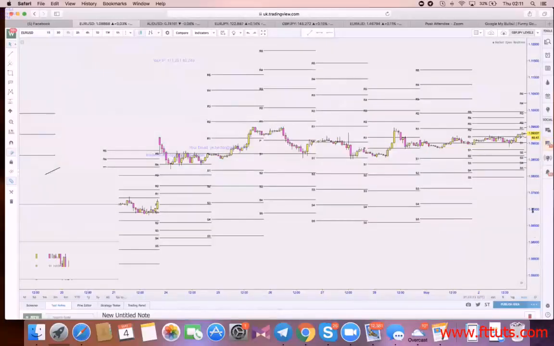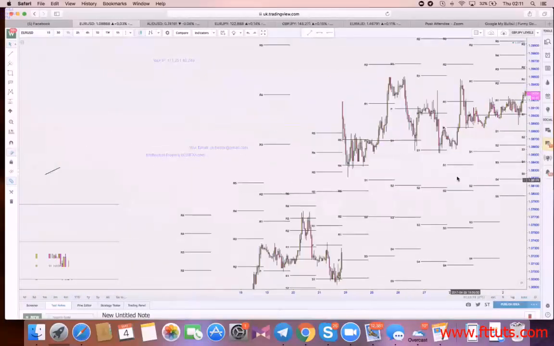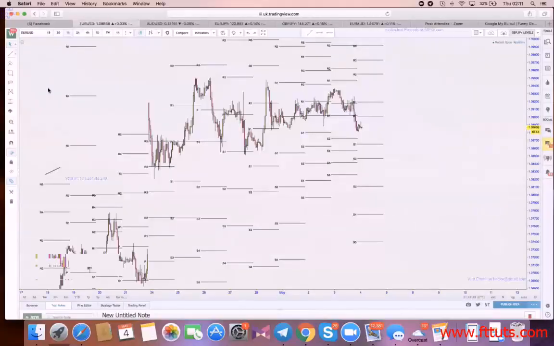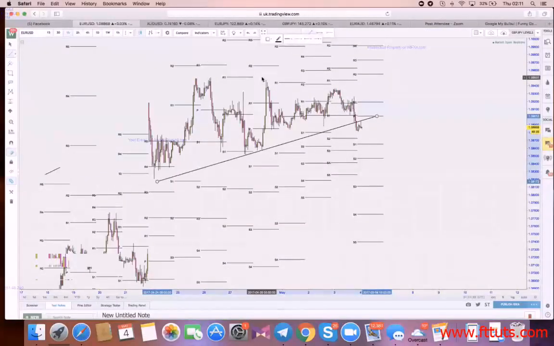Euro US dollar. H1. The drill begins from H1. Yes? You guys understand this, right?